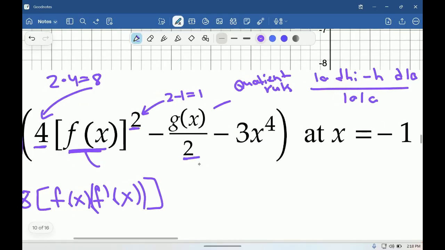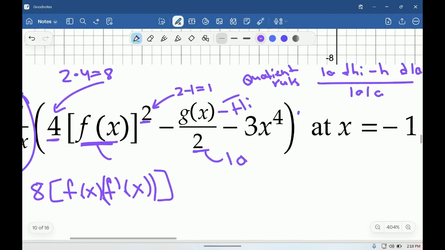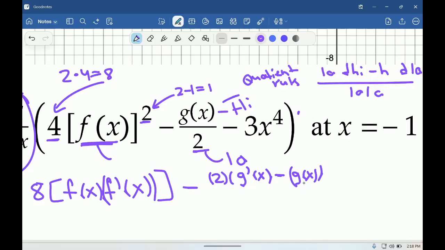And in this situation, low is going to be 2, and g of x is going to be high, and the d just stands for derivative. So we're going to put 2 for low, and the derivative of g, which is g derivative of x, minus just g of x for the high.